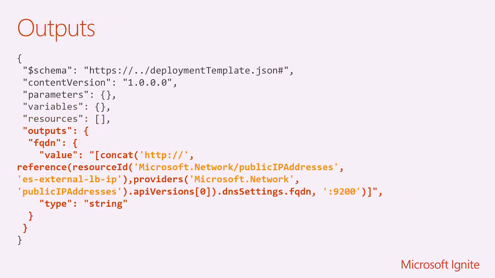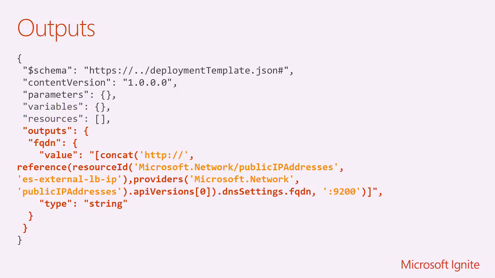And then finally, we have outputs. Outputs are a way of providing outputs from the resources that have been provisioned in Azure. So in the case of the Elasticsearch installation, we have three outputs, and depending on what you've deployed, we might send you back the IP address for connecting to Kibana, or the IP address of the jump box, or the SSH public key that you used when you deployed the template.